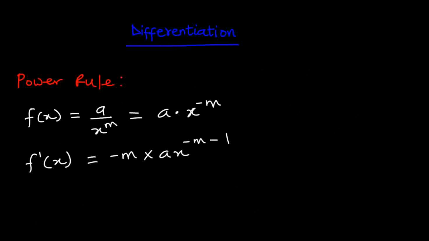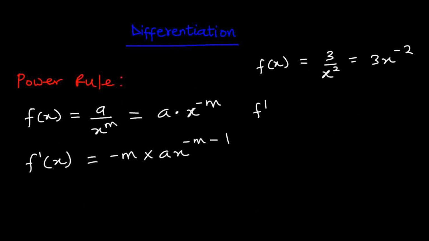Now let's try an example. The first example I have here is f of x equals 3 over x squared. With this I'm going to write this as 3x to the power minus 2. From here we can now find the derivative very easily.